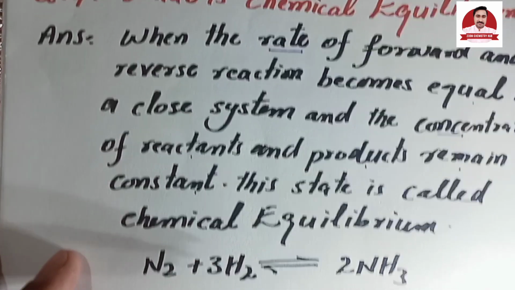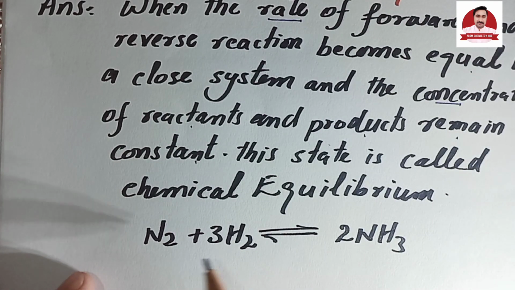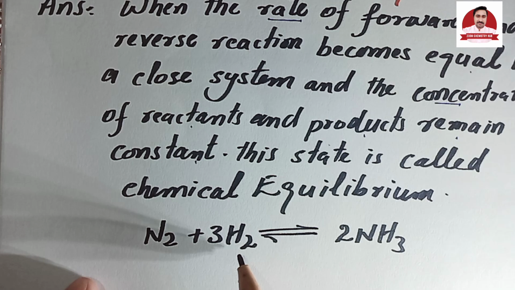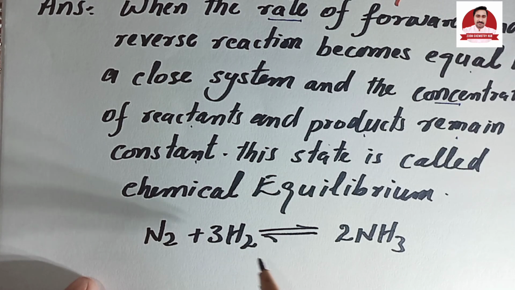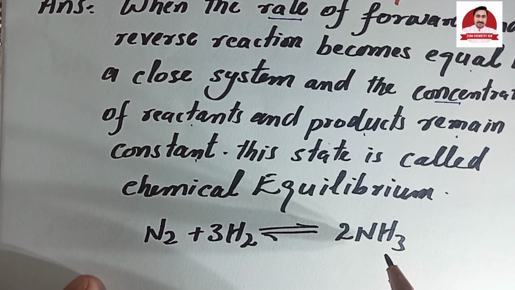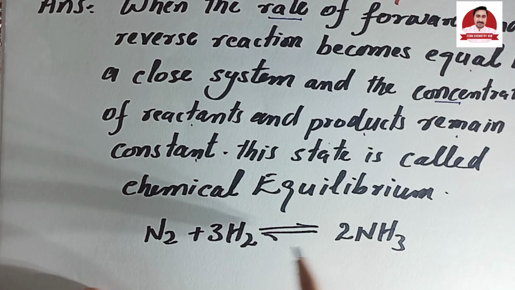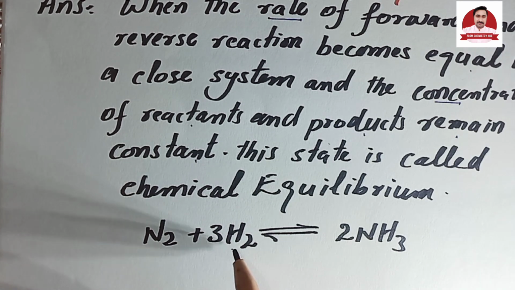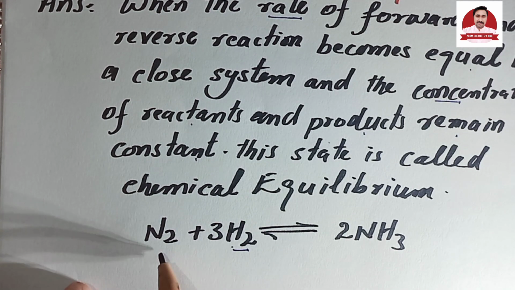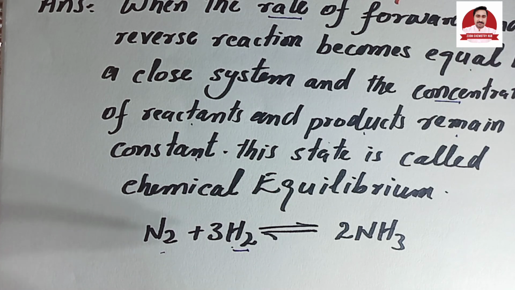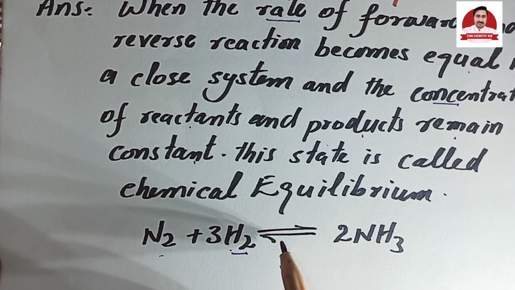Here you can see when nitrogen and hydrogen react with each other, they form the ammonia molecule, and the ammonia molecule then reverses into hydrogen and nitrogen. So the chemical equilibrium is established by the double half-headed arrow.